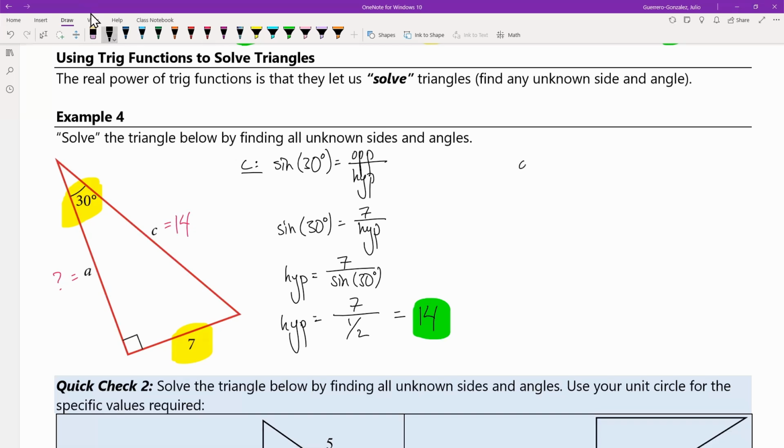For side A, I'm going to use the trig that we have instead of using Pythagorean theorem. You can use Pythagorean theorem on this if you want, but I'm going to use trig because that's what I want you guys to get comfortable with. So for side A, this side over here, that is the adjacent, and now we have the hypotenuse and the opposite to figure out our missing side.